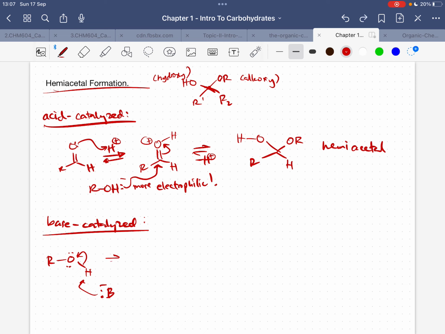Okay, so this becomes now a very nucleophilic alkoxide. Kung sa acid catalyzed, ang carbonyl or ang aldehyde, it becomes more electrophilic. Sa base catalyzed, lahi. Ang alcohol becomes more nucleophilic. And bisag walay activation sa carbonyl, maka-react gyapon siya because it's more nucleophilic now.